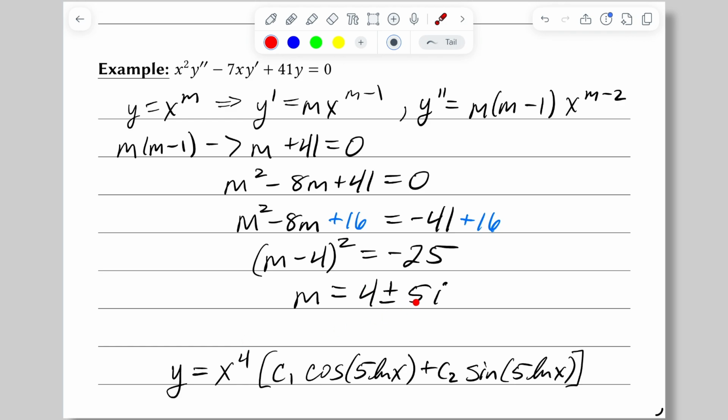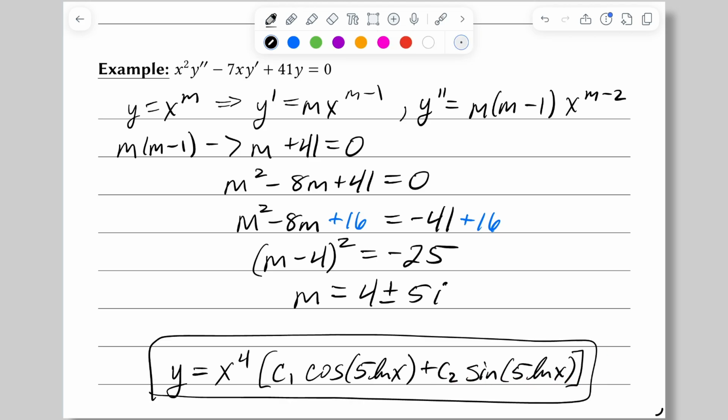The 5 is going to become the coefficient in the argument of the sine and cosine, and don't forget, because it's Cauchy-Euler, the sine and cosine also contain a natural log of x. So y equals x to the 4th times the quantity c1 cosine 5 natural log of x plus c2 sine 5 natural log of x.